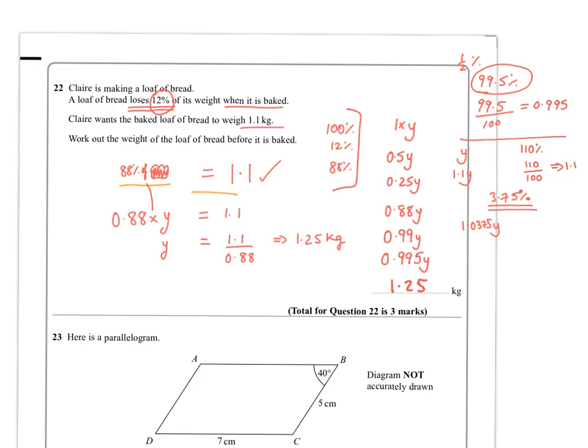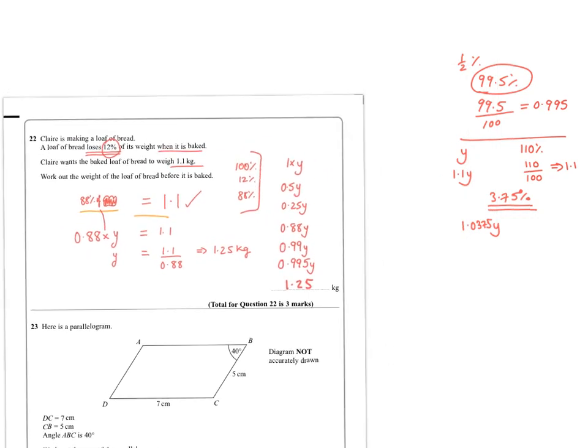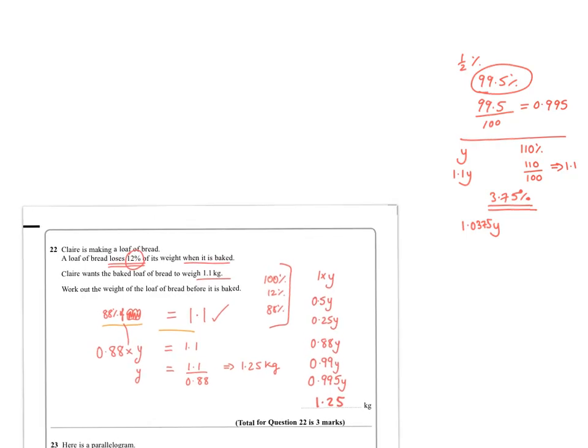I think another reasonably popular way of doing this question is to say, for example, 88% of the loaf is 1.1 kilograms that we had at the end, and you've got to work your way back to 100.